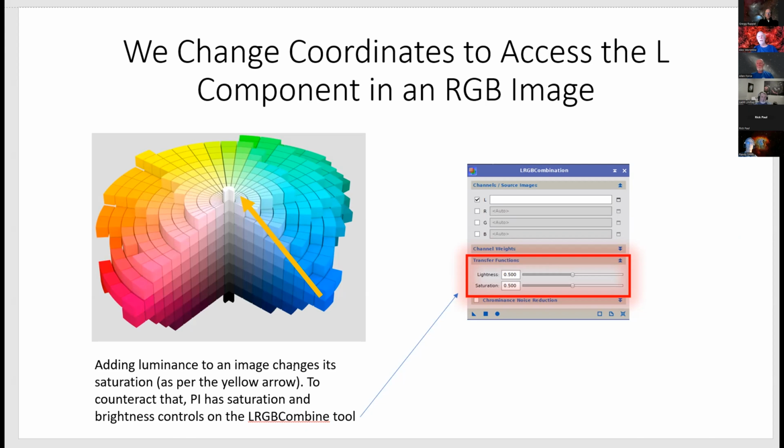This is showing a different color space. It's the HSL color space. If we had a color down here and we added luminance to it, we move upward and inward in this diagram. Luminance is the vertical axis in here. And these colors are what's called opposing colors. So red is opposed to green and yellow is opposed to blue.